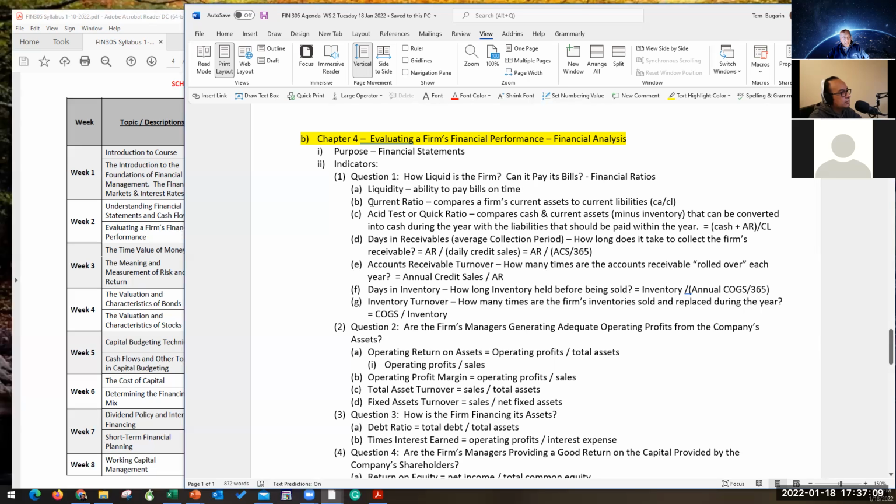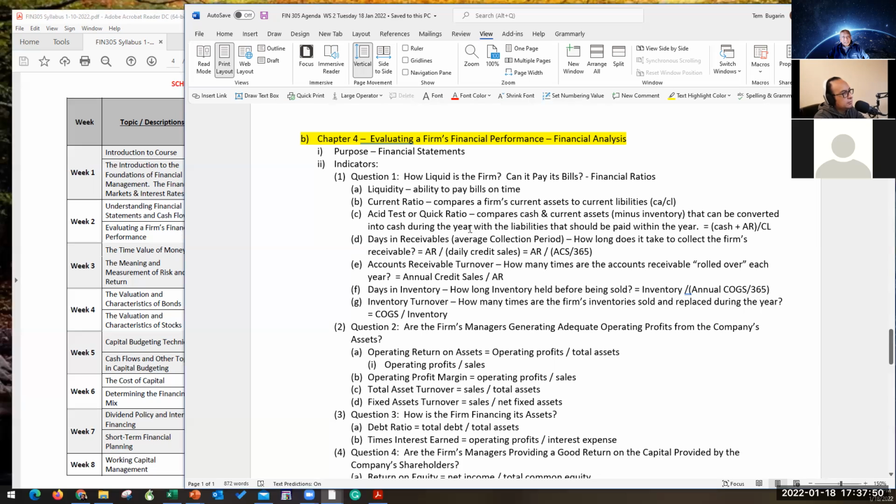Some of the elements you would look at is the current ratio, which compares the firm's current assets to current liabilities. In other words, the current ratio is the firm's current assets, CA, over, in the denominator, current liabilities. How about the asset test? It compares cash and current assets minus inventory that can be converted into cash during the year. If a company has money tied up in capital goods, and the bank comes around and says, we want our money, but the firm looks at their cash flow and says, oh my goodness, we don't have any cash.